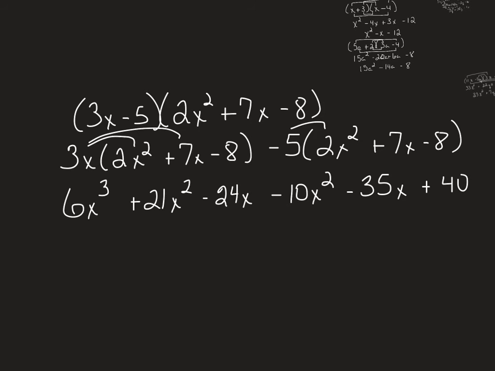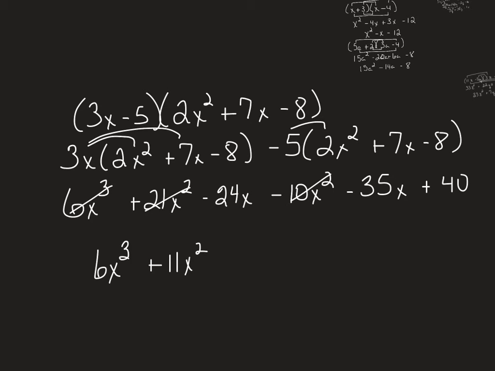Now I can combine like terms. We have just one 6x cubed. We have 21x squared and a negative 10x squared. Okay, I've used my 6x cubed. 21 minus 10 is 11x squared. Kind of marking them out so I don't forget anything. Negative 24x minus 35x.